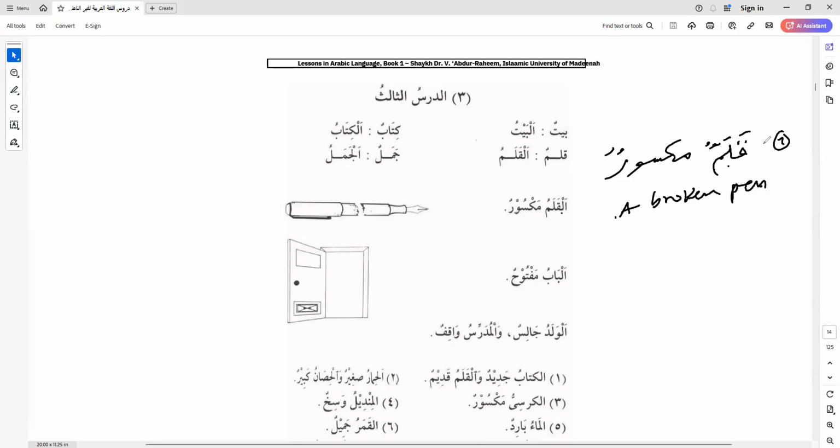Now you can see that in this sentence, the qalam doesn't have alif lam. And then let me write a third sentence. I can also write al-qalamu maqsuru. Now, pay particular attention to the structure.